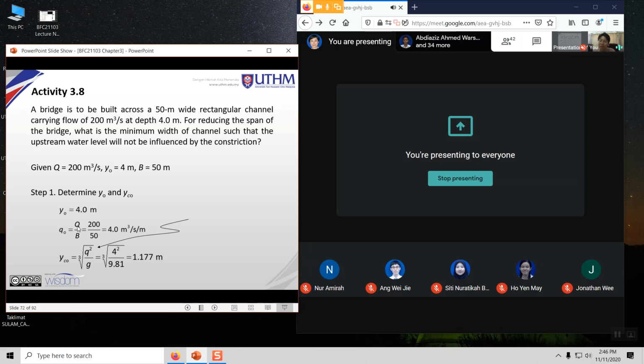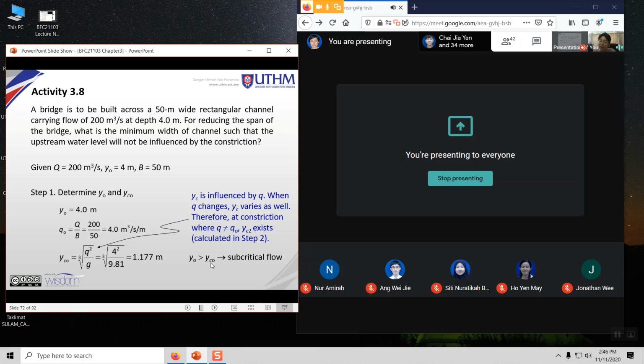Your Q naught is Q over B. Why am I using the subscript O for Q naught? Because I want to find my YC naught. So I have Q naught equals 4 meter cube per second per meter. Then my YC naught is the cubic root of Q squared over g. I have 1.177. Y naught is greater than YC naught, so it's a subcritical flow.